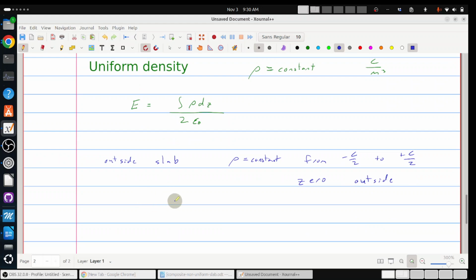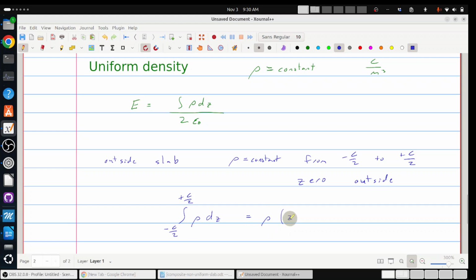So when I do my integral of my rho dz, I'm just going to do it from minus c over 2 to plus c over 2. Since rho is a constant, it comes out.